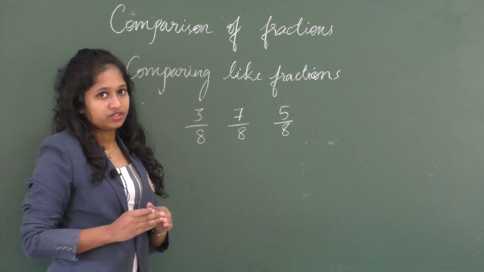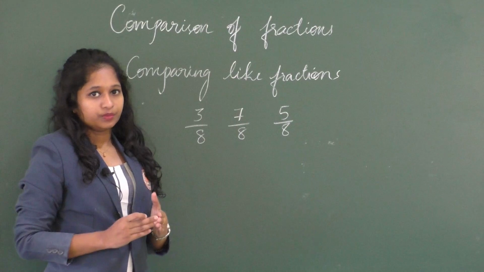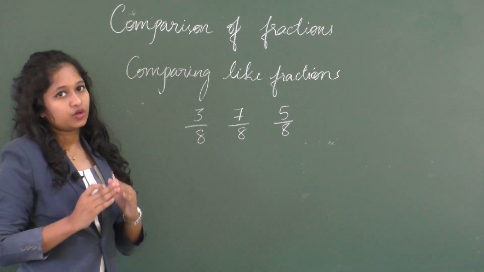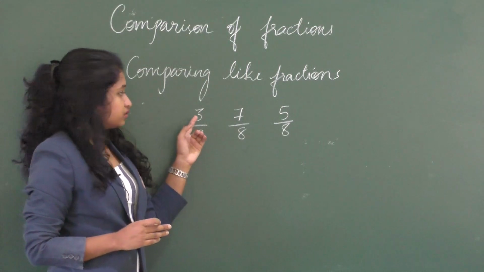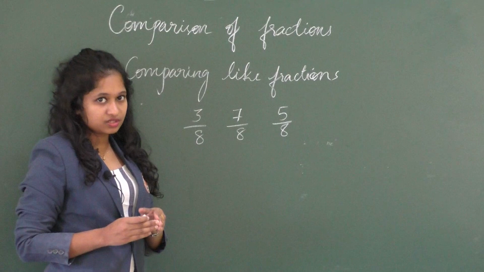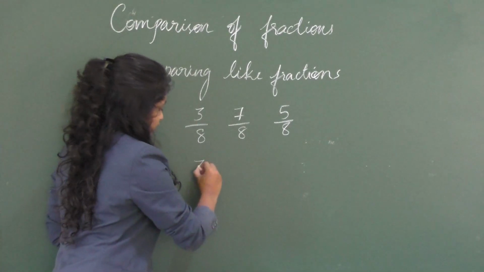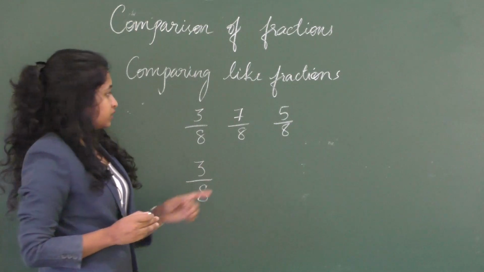So, look at the numerator. The one with the smaller number is the smallest fraction. Here, when you compare 3, 7 and 5, 3 is the smallest, isn't it? So, 3 by 8 is the smallest fraction.